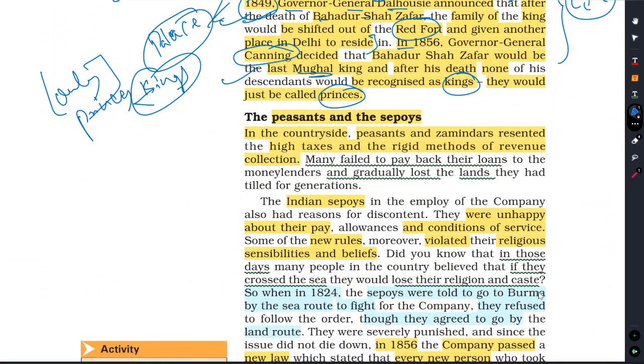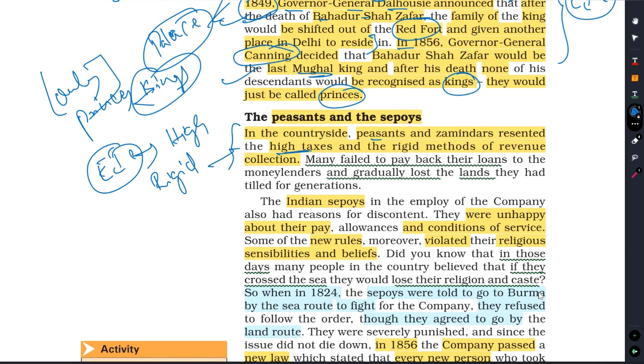What are the reasons for these peasant and sepoy mutinies? See, in the countryside, peasants and zamindars also resented the high taxes and new rigid methods of revenue collection. The East India Company started to collect high amounts of taxes, and had a very rigid revenue collection system.